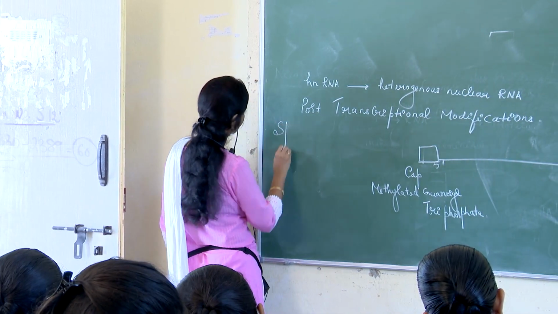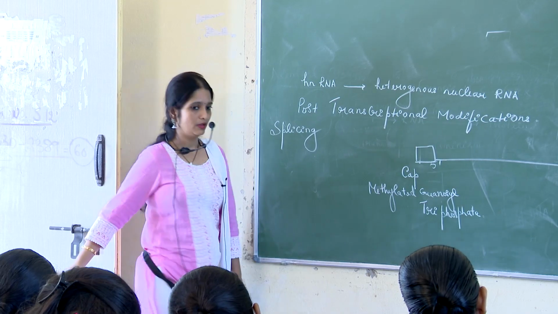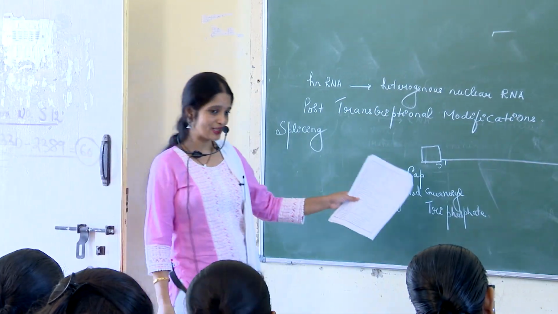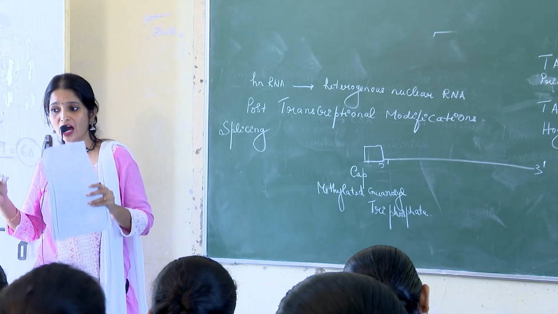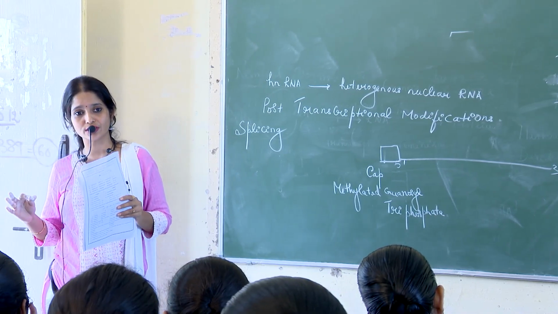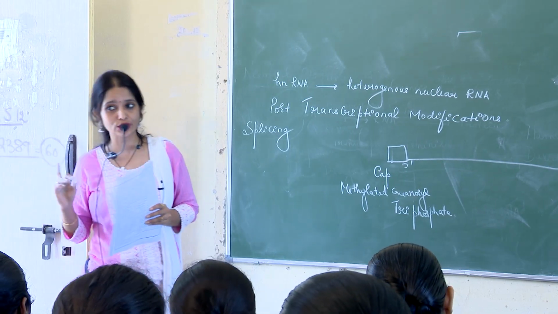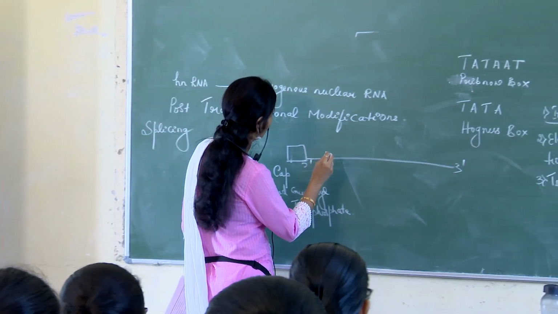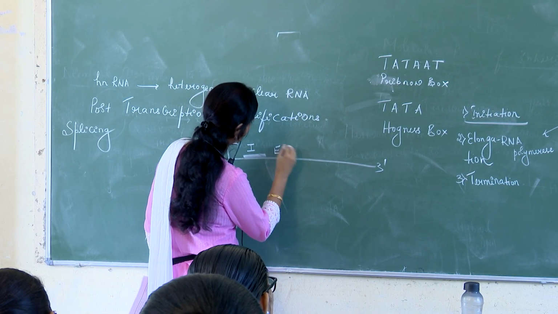Second step, splicing. Now what is splicing? Yes, here there are two regions. In this hnRNA there are 2 regions. One is the intron, another is the exon. So we have 2 regions, intron, exon.